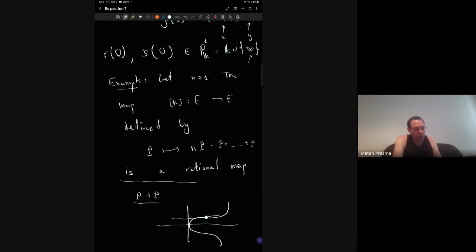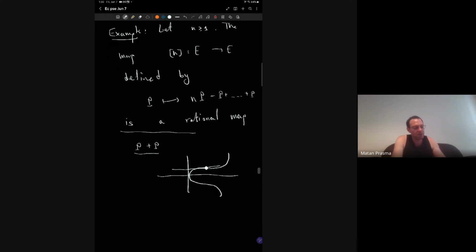Okay, so now this is a very important map, right? Because we would like to understand, for example, all the points that satisfy nP is equal to 0. This is a generalization. We have seen how useful it was to understand exactly what the points of order 2 are.